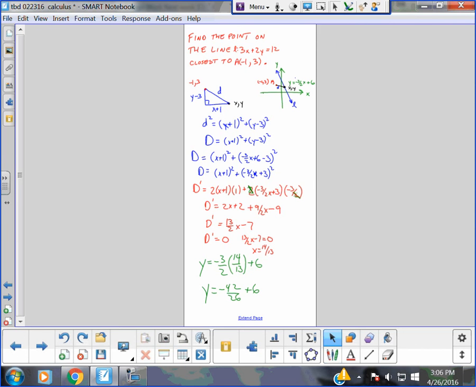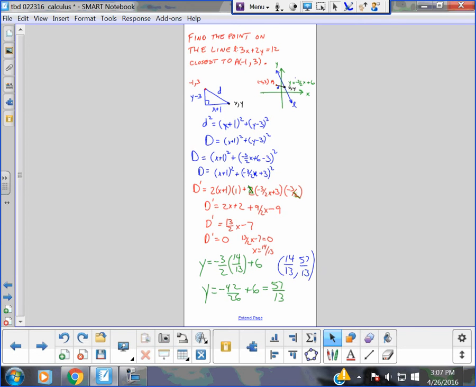This is definitely where I want to get a calculator because I don't want to make a math mistake if I haven't already. Pretty sure I haven't. I get 57 thirteenths for y. And everybody, I just found the point. It's (14/13, 57/13), and we just optimized the distance between a point and a line.